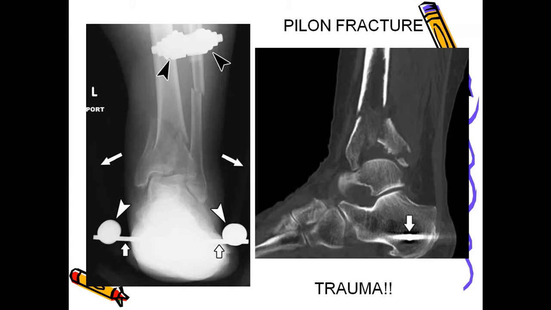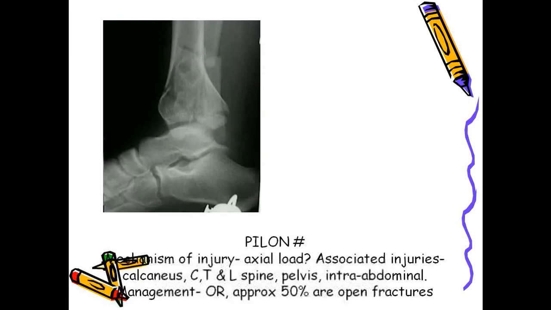See here, the distal end of the tibia is so comminuted, with involvement of the joint. It extends into the joint, intra-articular. Most pilon fractures are intra-articular only. This is also a lateral view of the pilon fracture. The mechanism is axial load due to fall from height or some other injury.